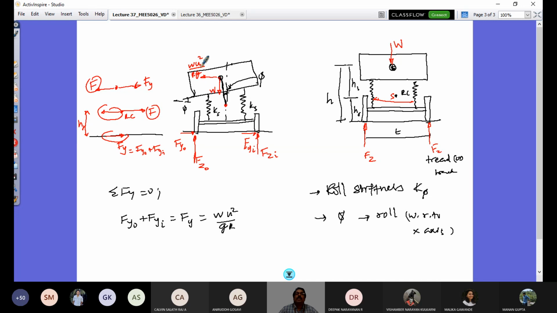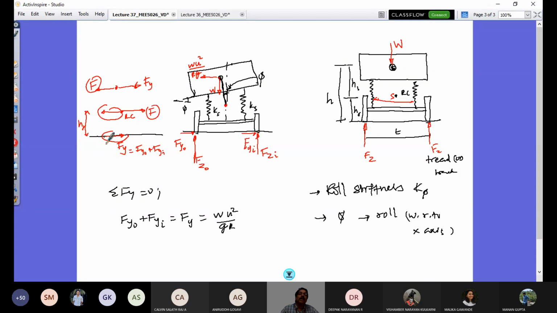Because this sum is what is balanced by this, right? That is there here. And you should see that the roll of this takes place because of transfer of lateral force to the CG location, right?